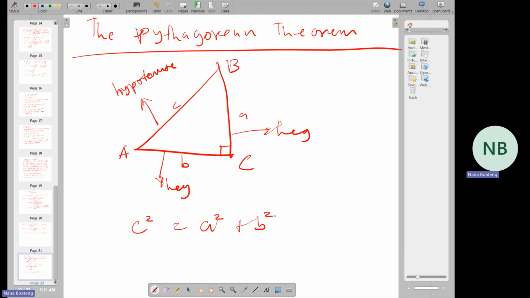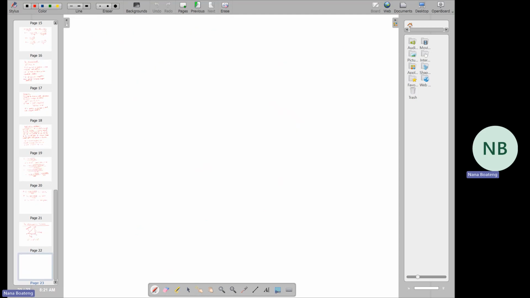So with this, we can use the Pythagorean theorem also to solve some application problems, or in general find the other side of a triangle. For example, let's use the Pythagorean theorem in one example. So this would be example 12.